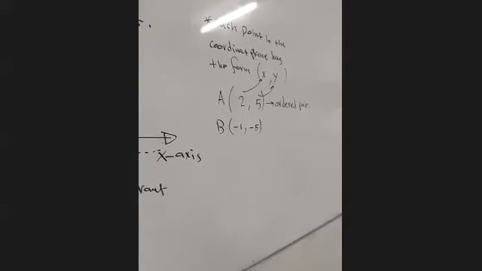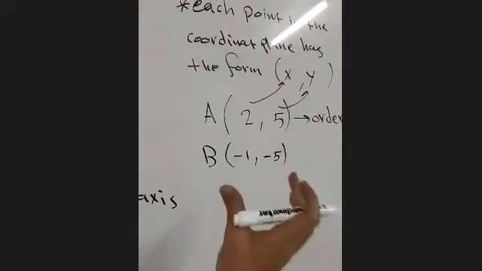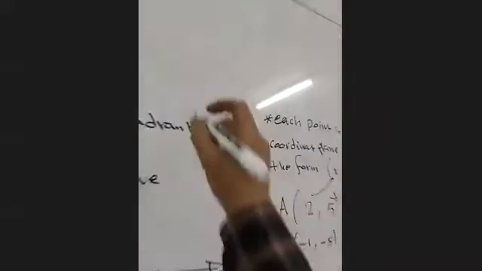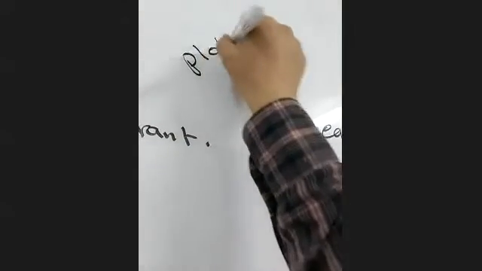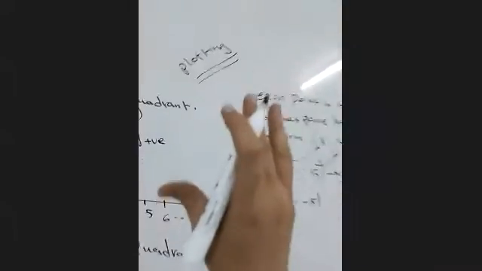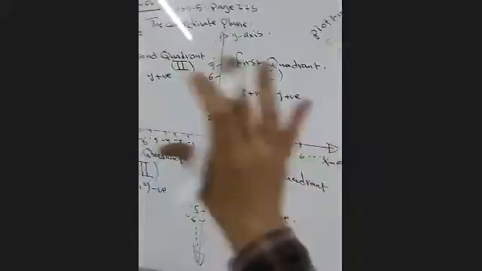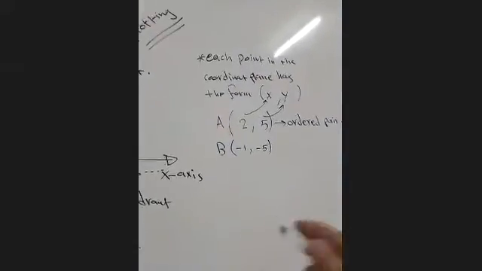How do we put this point here? How do we plot? Plotting means putting the ordered pair, graphing it, in the coordinate plane.